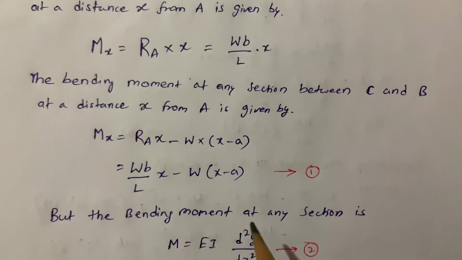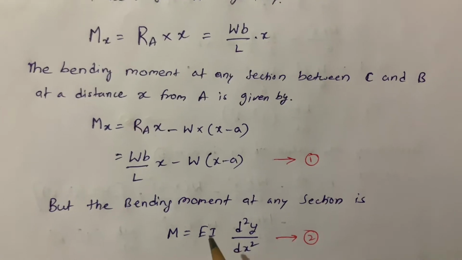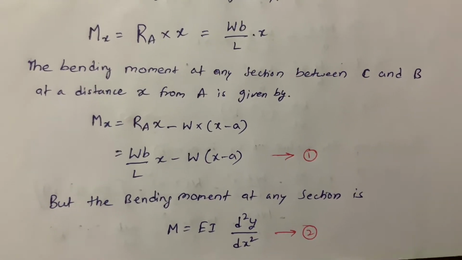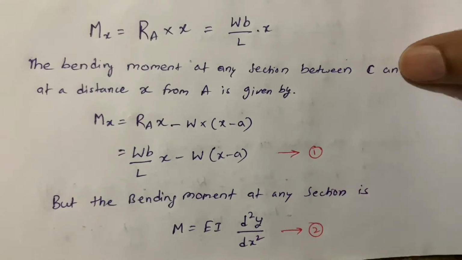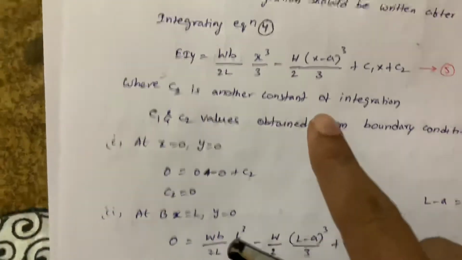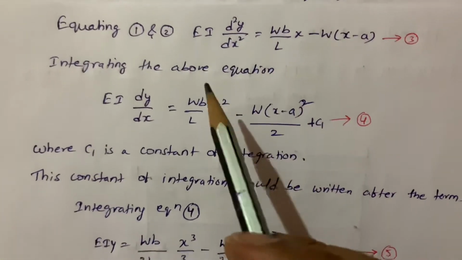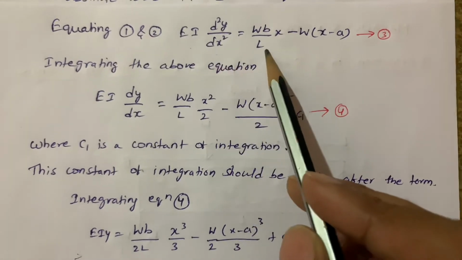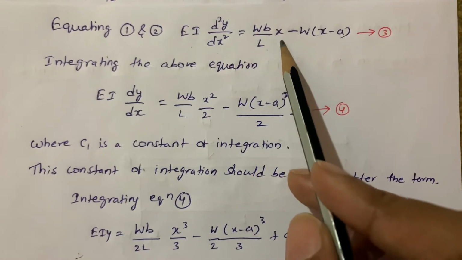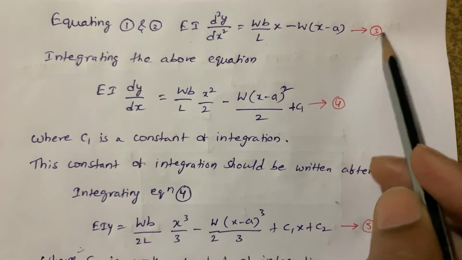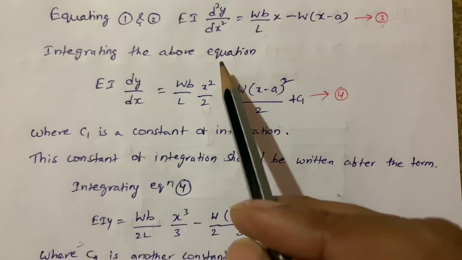But the bending moment at any section is also given by M equal to EI into d square y by dx square. I am considering this as equation 2. Equating both equations 1 and 2, I get EI d square y by dx square equal to Wb by L into X minus W into X minus a, which is equation 3. Now I am integrating this equation.